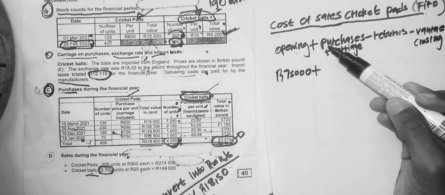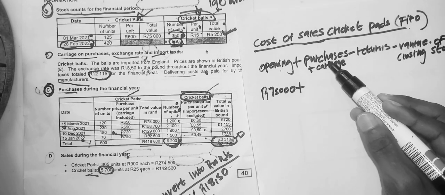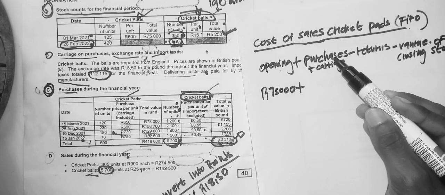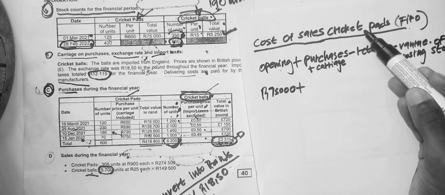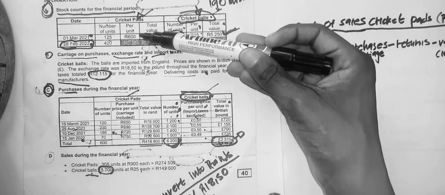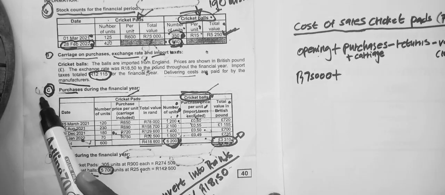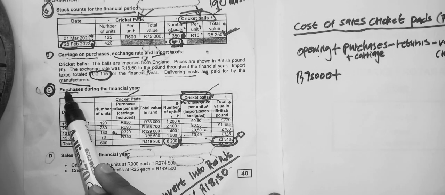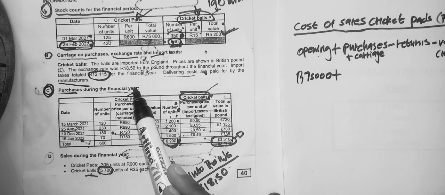Then our formula continues and says for cost of sales, the next thing that we need, we want purchases, which means we want to check the total purchases for the year for cricket pets. So we go to our information. Here is our information. We want where they are saying purchases. Purchases is right here on number C. As you can see, they are saying purchases during the financial year.